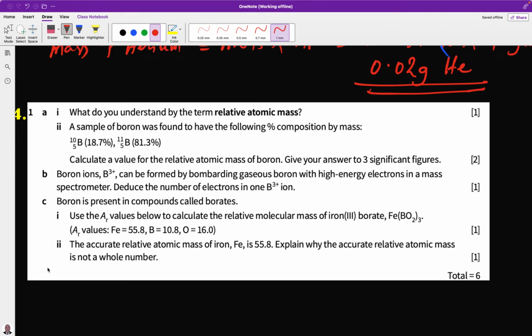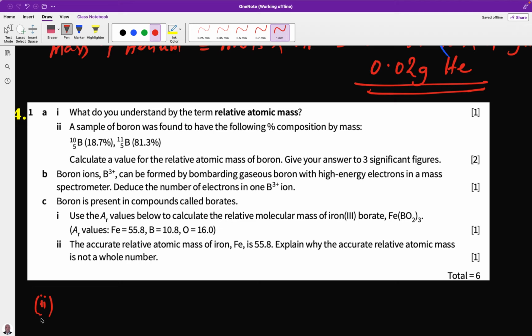The second part of it: a sample of boron was found to have the following percentage composition by mass.